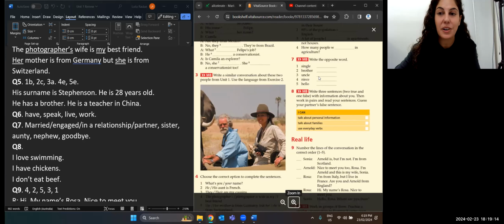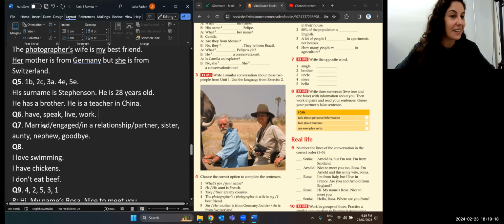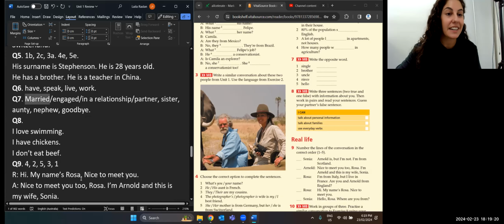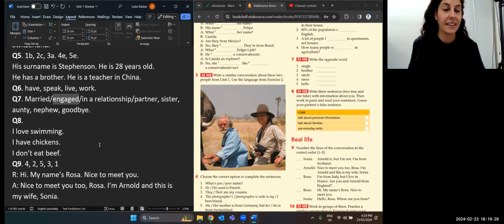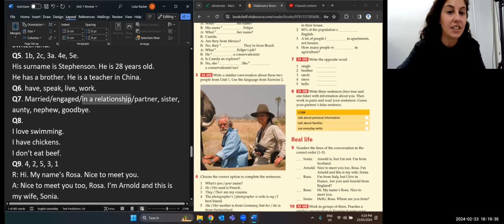Let's find the opposite words. If someone is single, the opposite would be, like you are, married. Now, you can also be engaged. That means just before you get married. So some people, they get engaged. Maybe they're engaged for about a year and then they get married. Or you could say in a relationship. Or partner.